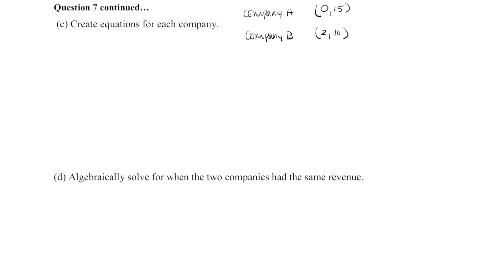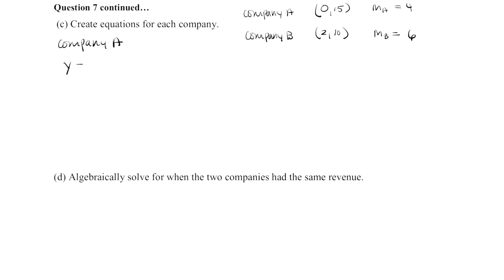Additionally, we're given slopes for each one. We're told the slope for company A is 4, since each year their revenue increases by $4,000. We're also told the slope for company B is 6, since each year its revenue increases by $6,000. So for company A, our equation is a lot easier to find.